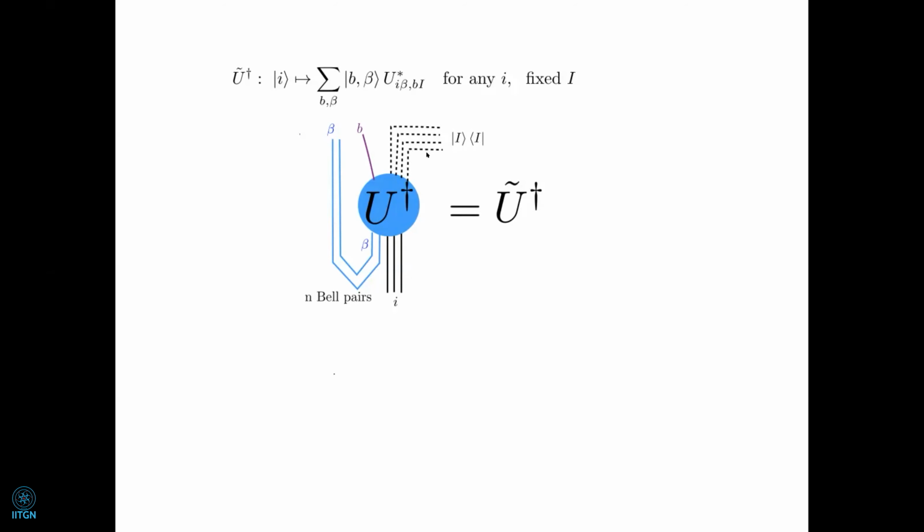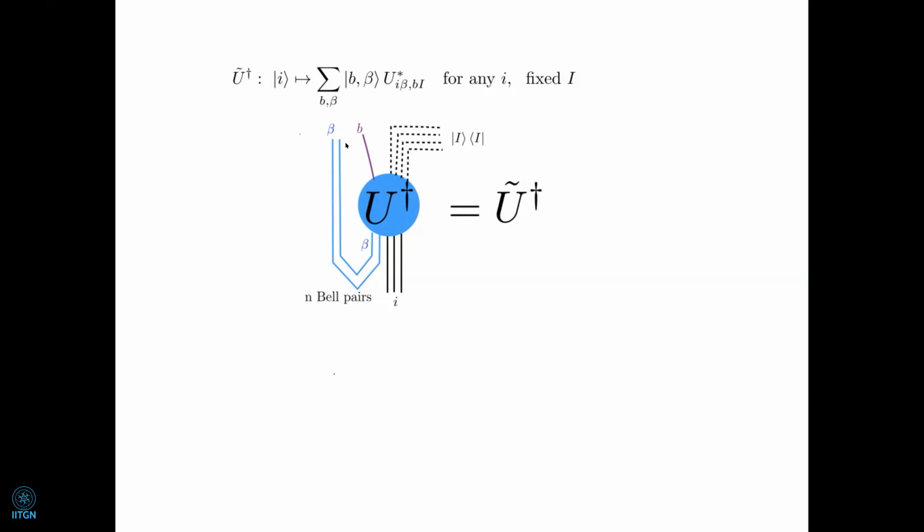Then on the n qubits, we do a projection to post-select the initial state. Recall that we mentioned earlier that this U-Twiddle actually depends on the initial state of the black hole. We do the post-selection on the initial state. Then we see that what we get is exactly the state we want.